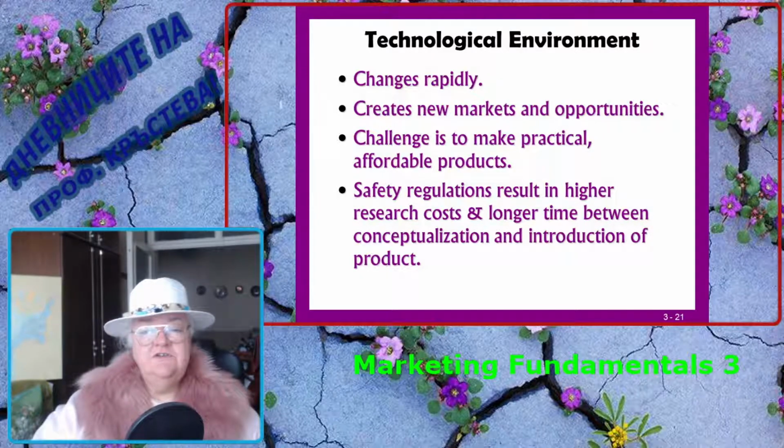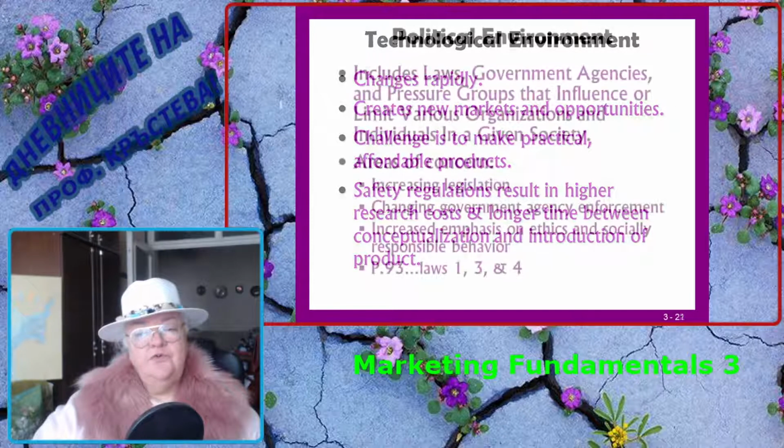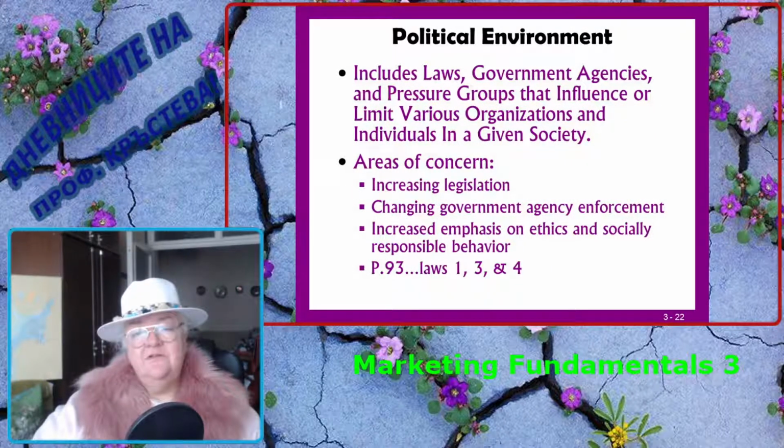It changes rapidly, creating new markets and opportunities. The challenge is to make practical, affordable products, and safety regulations result in higher research costs and longer time between conceptualization and introduction of a product.